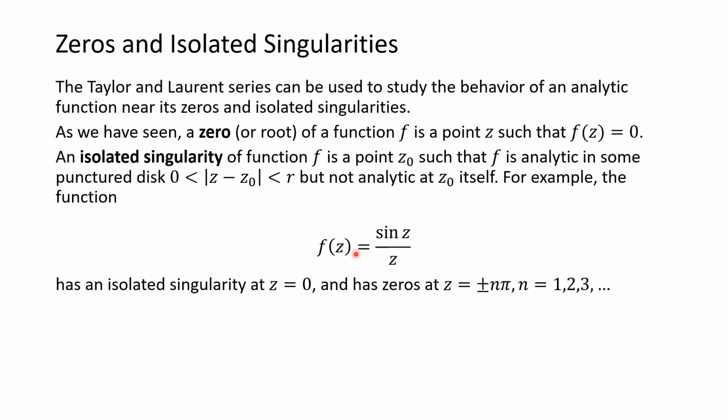And it also has zeros at plus or minus an integer times pi, because sine equals 0 at those points, and of course z is not 0 at those points, so the function is well defined there.